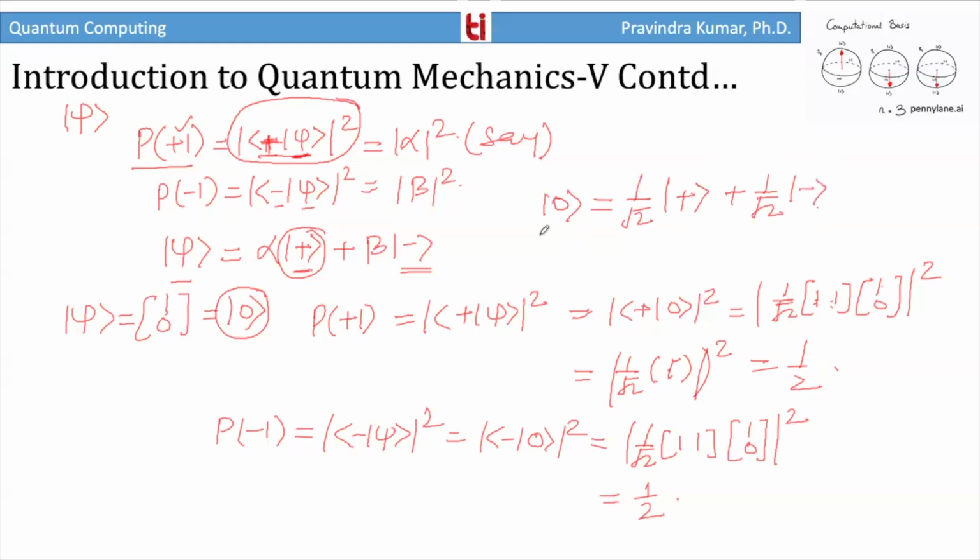So measuring X in state 0, the state 0 can be written as a superposition of the X basis, meaning ket plus and ket minus.